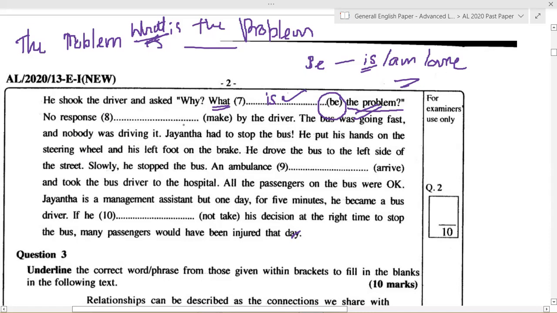හරි. ඊට පස්සේ, no response. Now, what is the problem? No response. Right. මෙන්න බලන්න ලස්සන වාක්‍යයක්. දැන් මෙතන response කියලා කියන්නේ ප්‍රතිචාරයට. respond කියන verb එකෙන් තමයි ඒක හැදෙන්නේ.